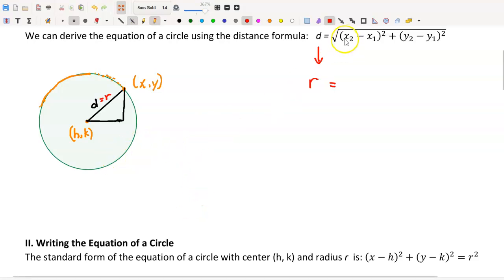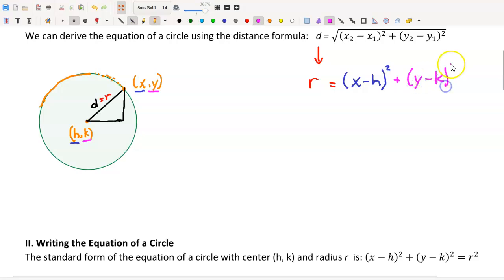And the distance formula says x2 and x1. We don't have x2, x1. We have x and h. So in the formula, it just says x minus h. It means the same thing, they're just called different things. And then we have the y values, which are y and k.